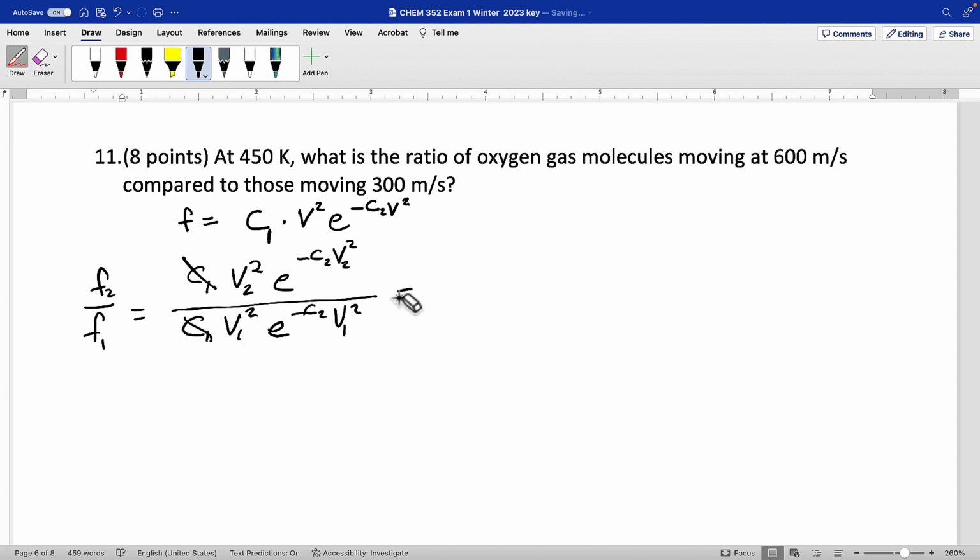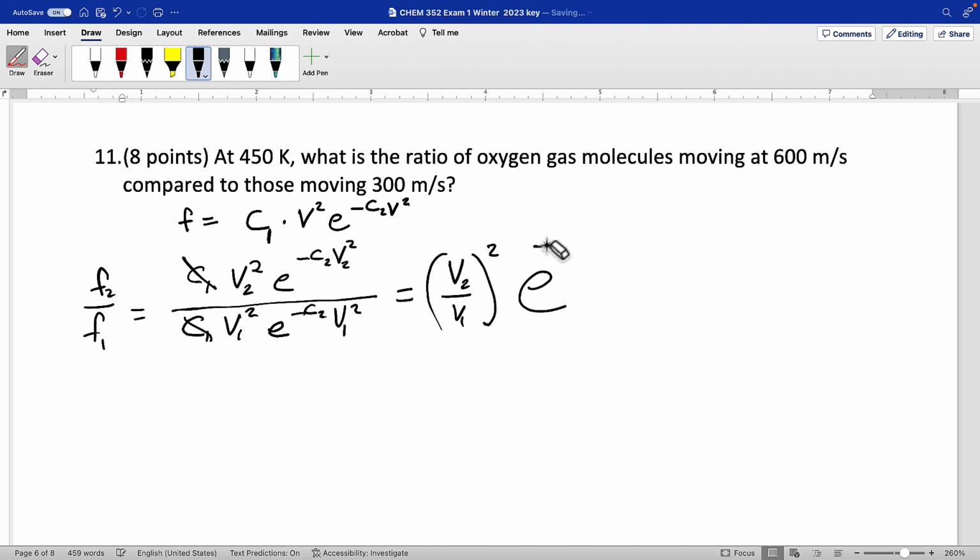All right, so we can write this a little more neatly. We've got V2 over V1, that whole quantity squared. And we can see that we're dividing the top exponential by the bottom one. Remember, when you divide numbers with exponents, it's the same as taking this exponent and subtracting that.